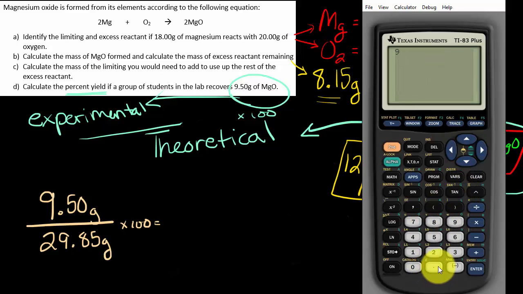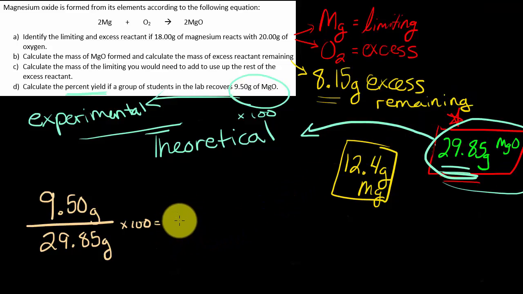We have 9.5 divided by 29.85, and then times 100. But again, that's just going to move that decimal over twice to 31.8, but we'll go ahead and do it anyways just to be thorough. And there you have it, 31.8% yield.